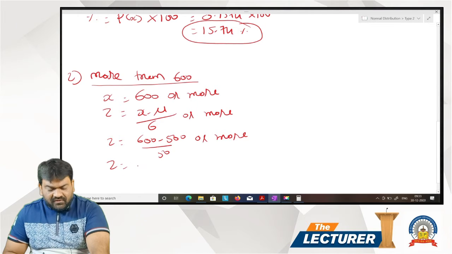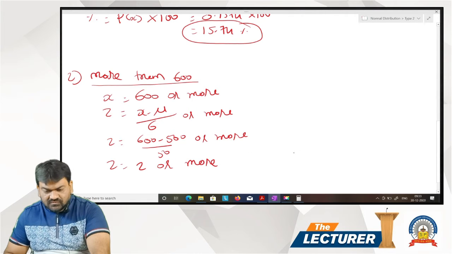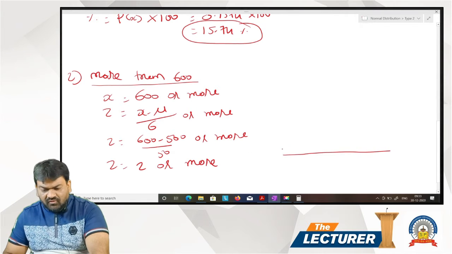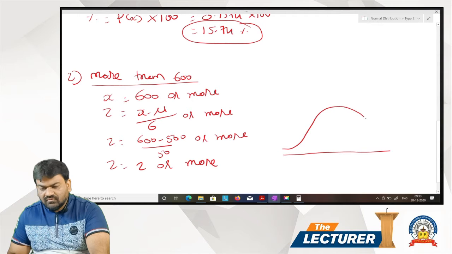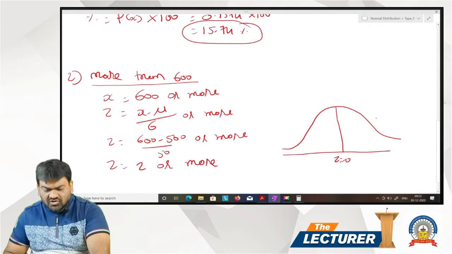So z is 2 or more. Draw the area under the normal curve. In the exact center z is equal to 0, and 2 is plus, so it will be on the right hand side. Z is equal to 2. More than 2, that is 2 or more, are all on the right hand side of it.